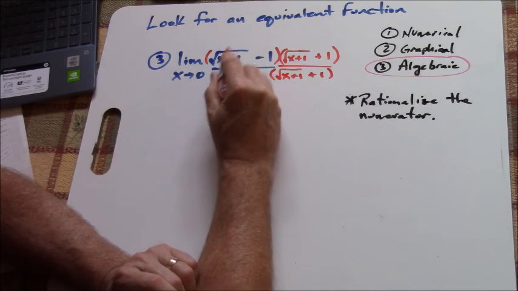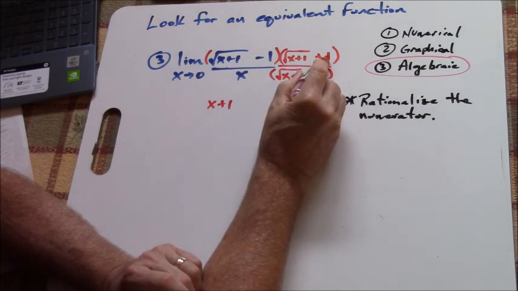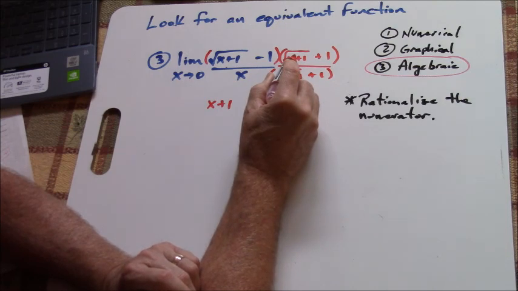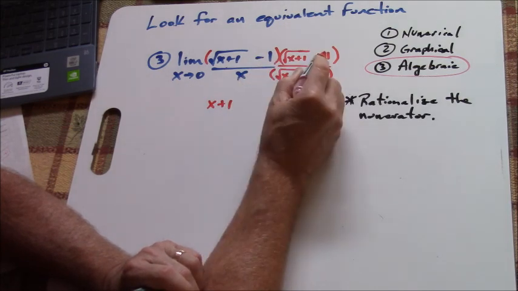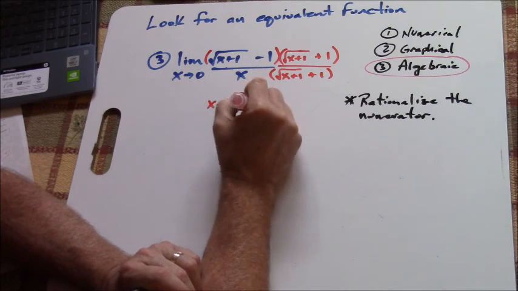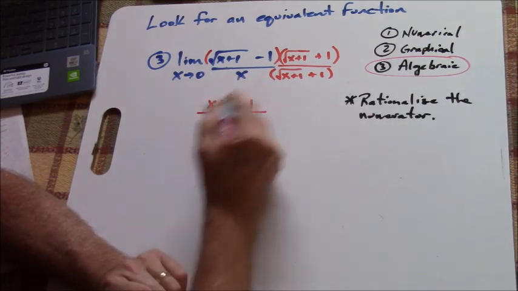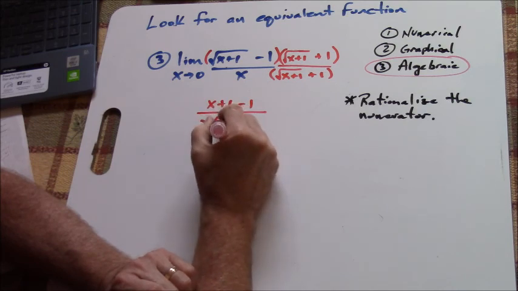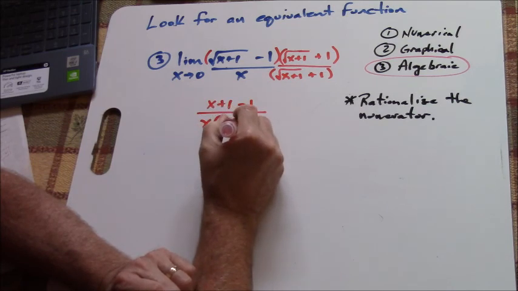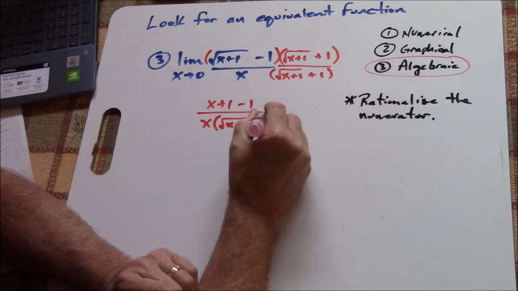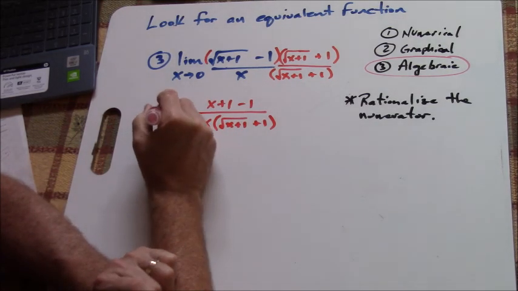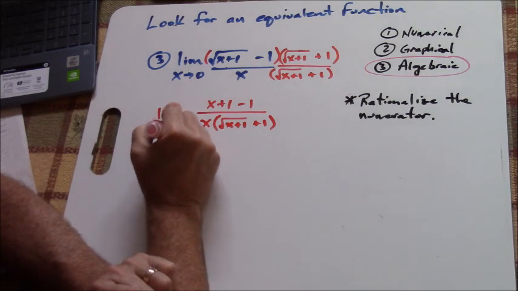And then I'm going to get a positive square root of x plus 1, and then a negative square root of x plus 1. So those two will add up to 0, and then a negative 1 times positive 1, that's negative 1. In the bottom, I'm not going to multiply this out because remember I said my goal is for that x to cancel, and so I want to leave it as two factors so that that can happen. Still have to write down the limit as x approaches 0.